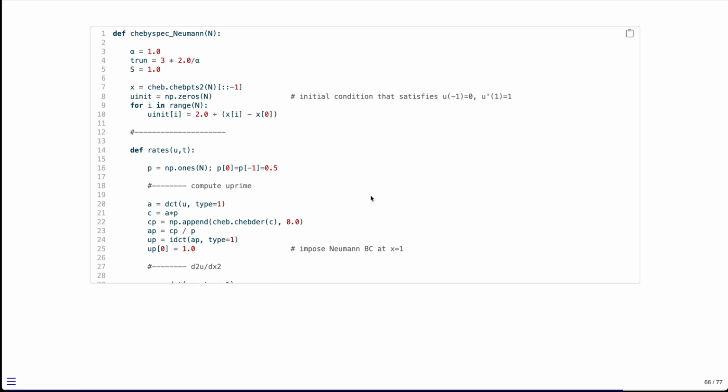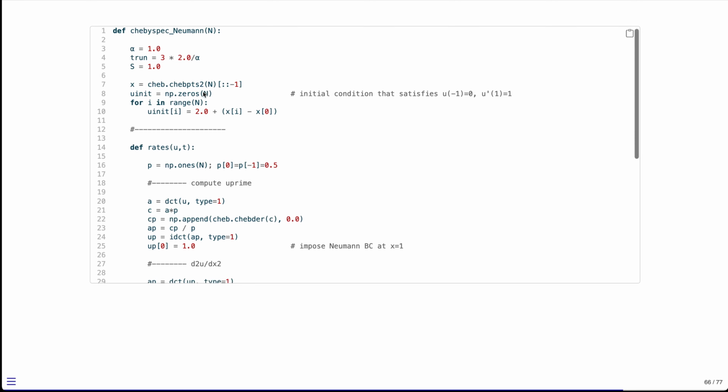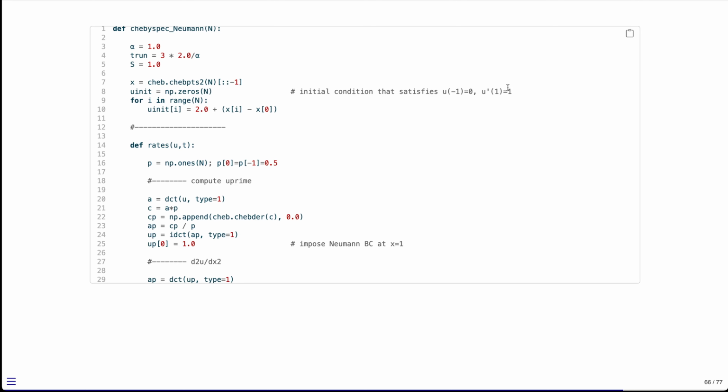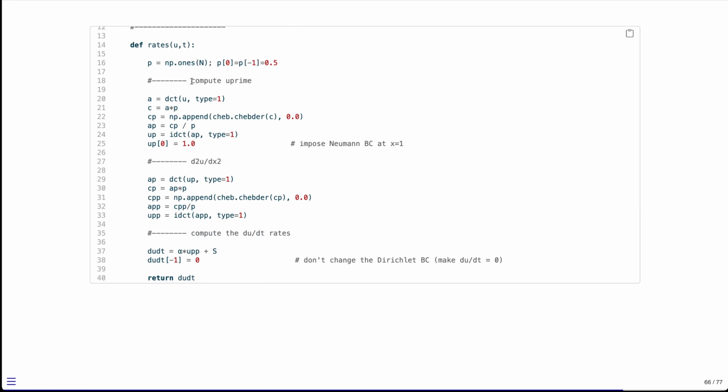So here's the implementation of that. I'm letting that Neumann boundary condition be 1 at x is 1. And then we first compute u prime, so a discrete cosine transform, scale it, take the derivative of the Chebyshev coefficients, append 0 to those, then we unscale it, convert it back using the inverse cosine transform, then we apply our Neumann boundary condition at x equals 1.